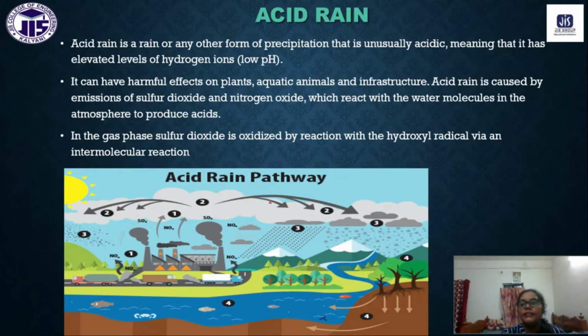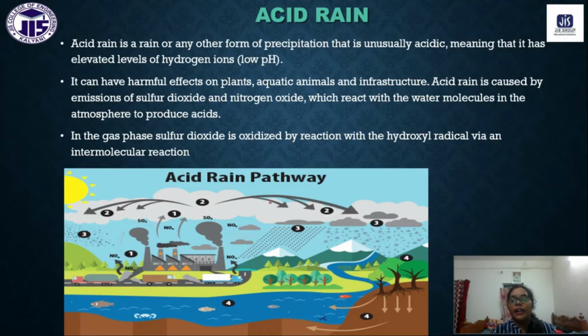So this is acid rain. Generally, if we have an excessive amount of sulfur dioxide and nitrogen dioxide in our environment, they attach with water molecules and form sulfuric acid or nitric acid.